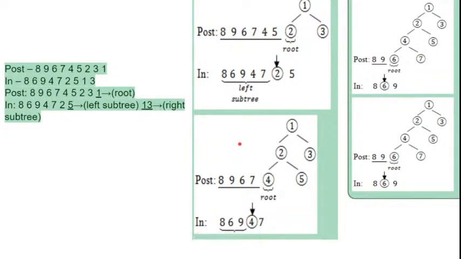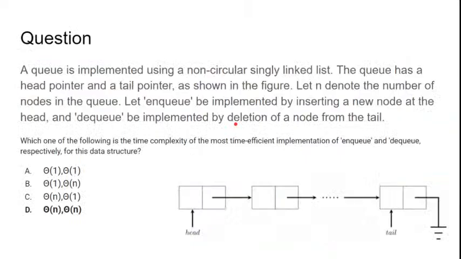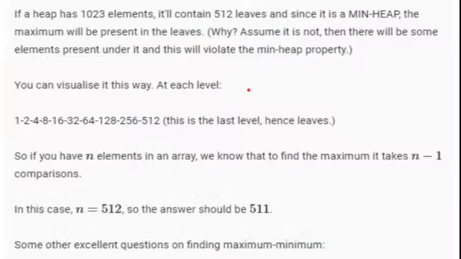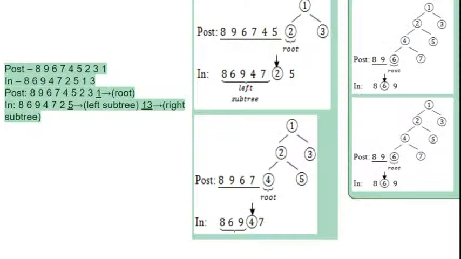So here there is one more tree traversal question. The post order and in order are given. I think some question slide is missing here, so I can just assume that post order is given, and in order.